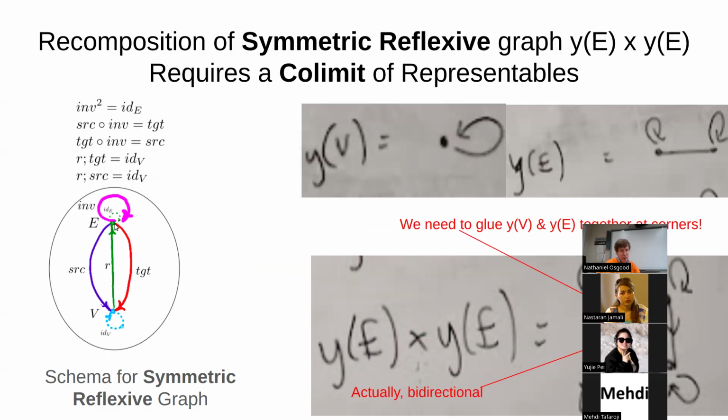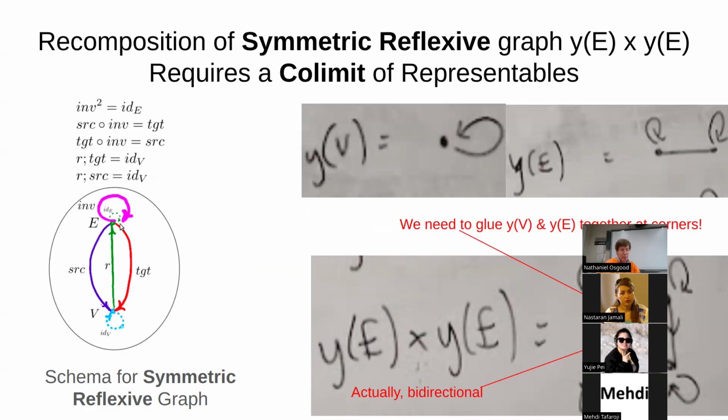Indeed it is a different edge, but that new edge has the property that if we take its source, it's the same as the target of the original edge. So there are two edges, one going this way and one going that way, the identity one and the one for E to get to itself.